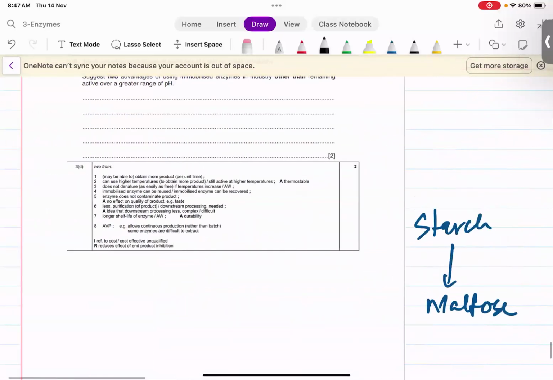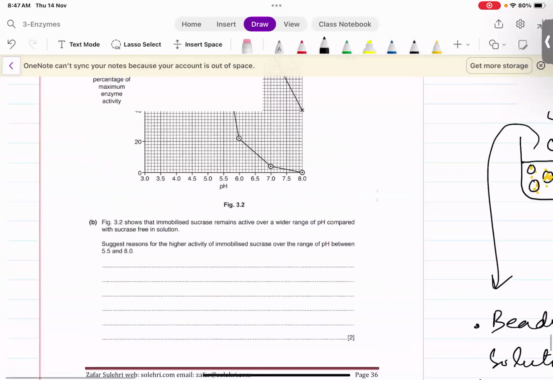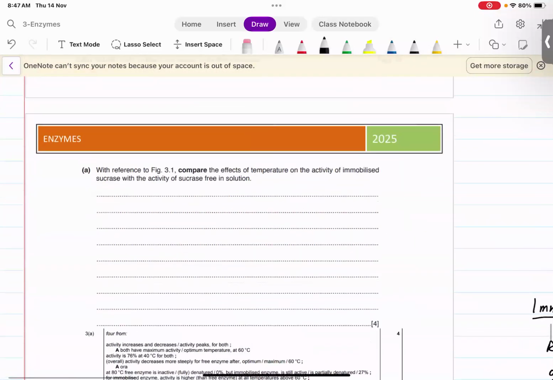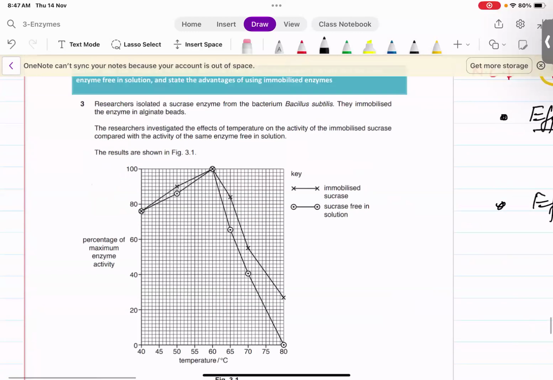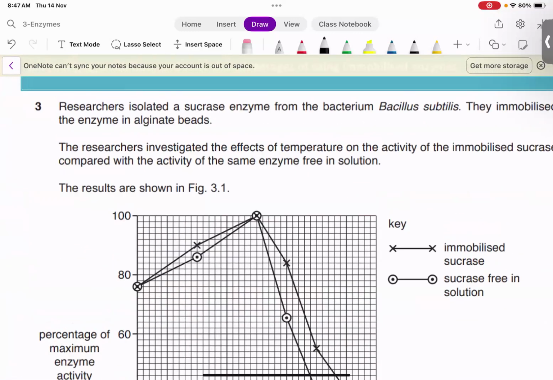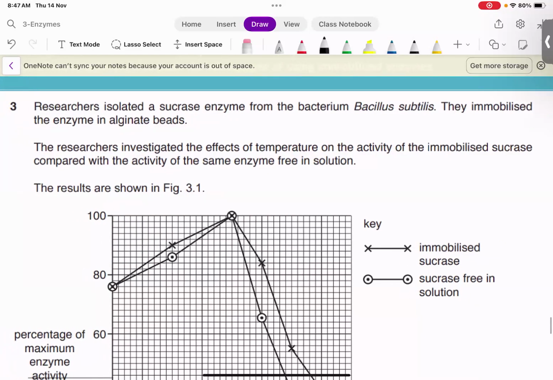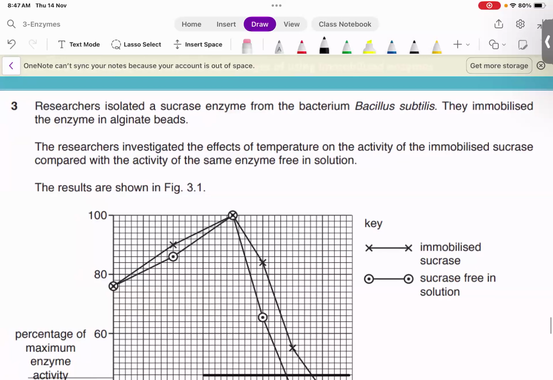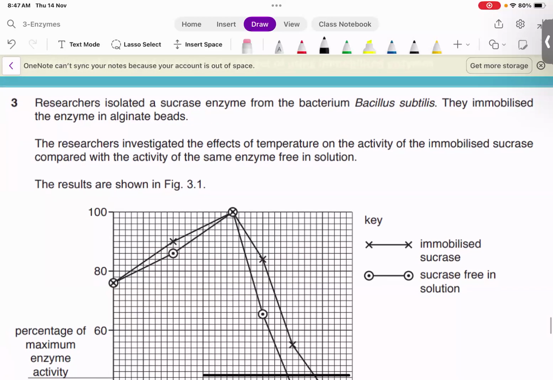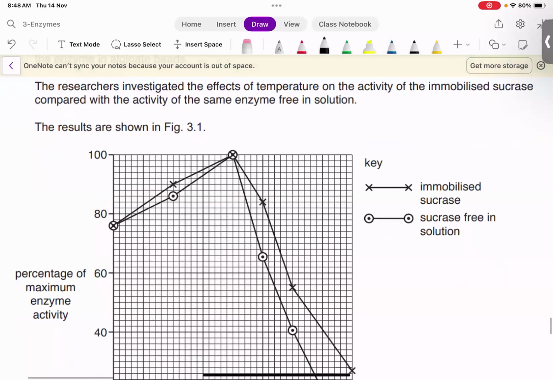Okay, now let's see. Researchers isolated a sucrase enzyme from the bacterium Bacillus subtilis. They immobilized the enzyme in alginate beads. The researchers investigated the effect of temperature on the activity of the immobilized sucrase compared with the activity of the same enzyme free in the solution.